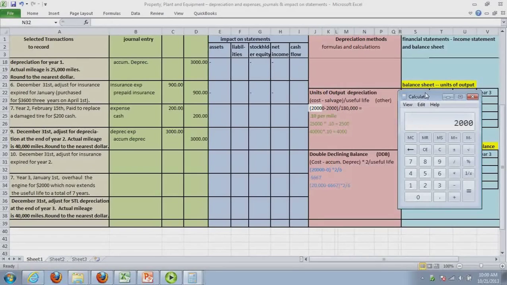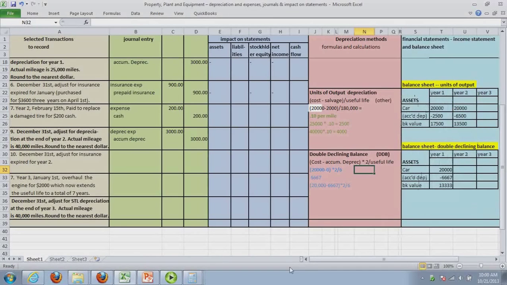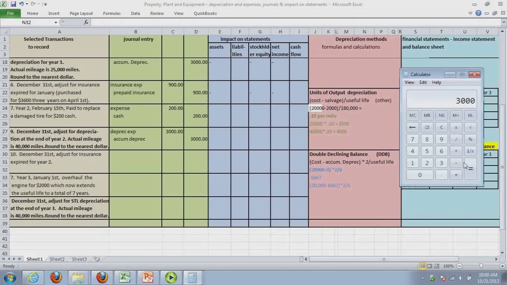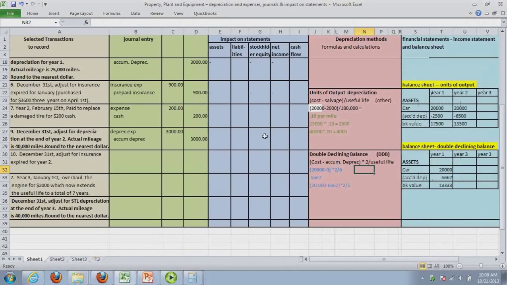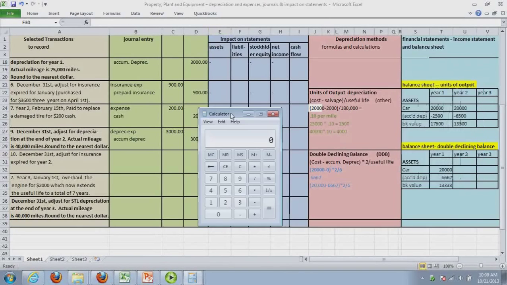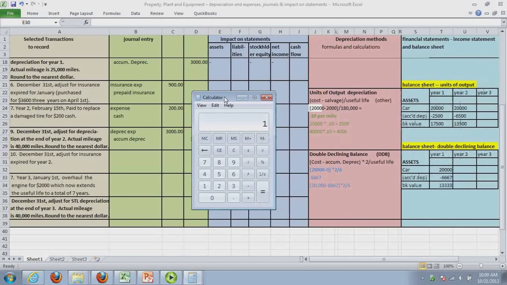So the book value is 20,000 minus 6,667, which we did see. Whoops, I lost my calculator. I've got a lot of them open here. All right, we'll just redo that. But you can see the accumulated over here and the book value. So let's just start with the book value since we have that up here already. 13,333 times 2 divided by 6.